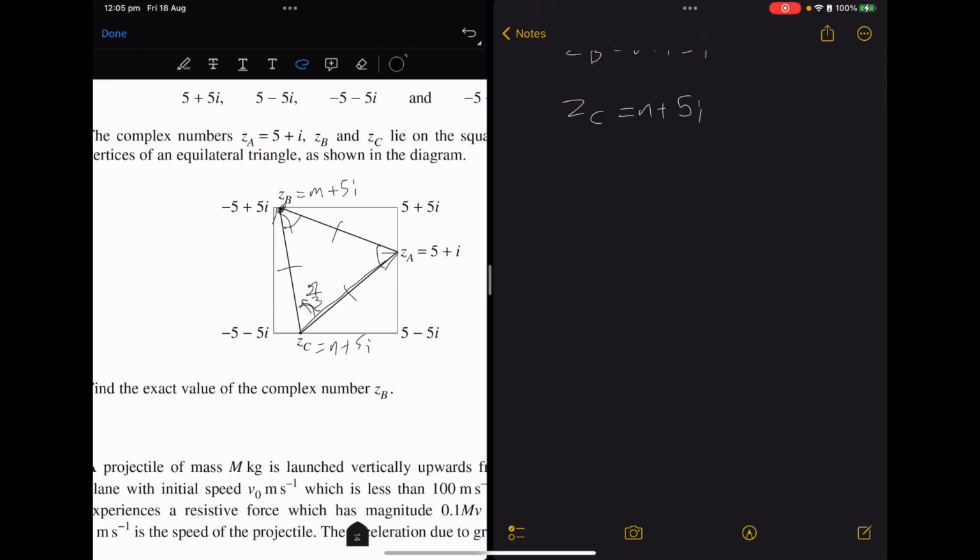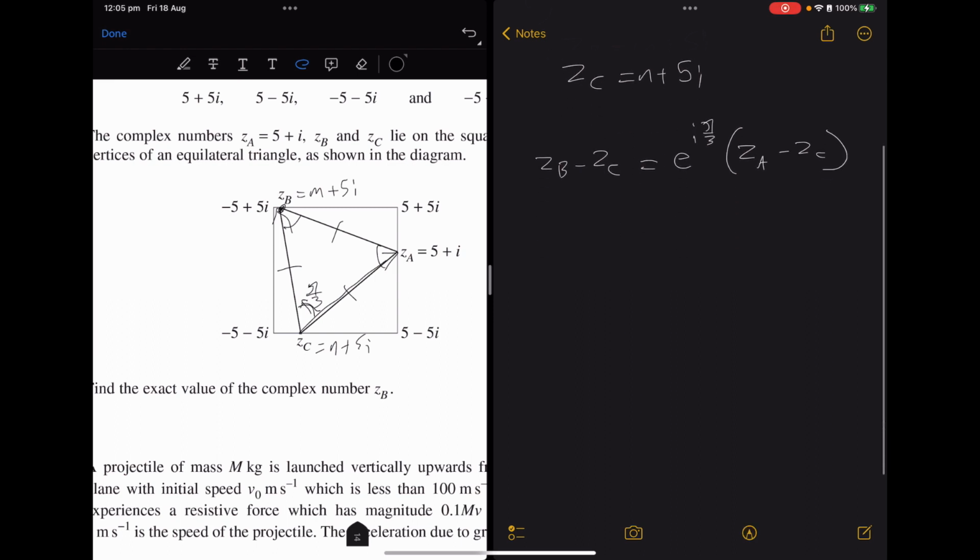In other words, ZB minus ZC is equal to e to the i pi on 3 times ZA minus ZC, since rotating causes no change to the length or the modulus.